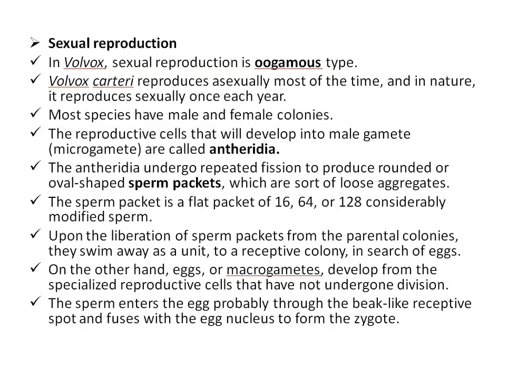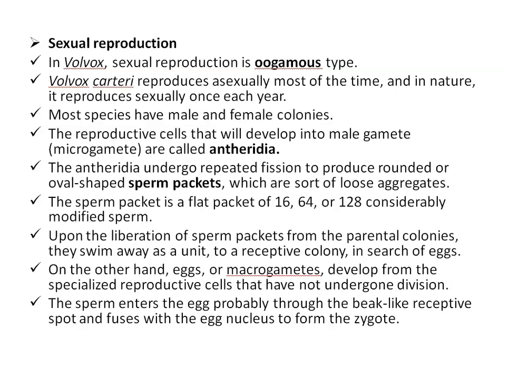The sperm packet is a flat packet of 16, 64 or 128 considerably modified sperm, each cylinder-shaped, pale, and bearing a pair of flagella in the middle of its length. Upon the liberation of sperm packets from the parental colonies, they swim away as a unit to a receptive colony in search of eggs.